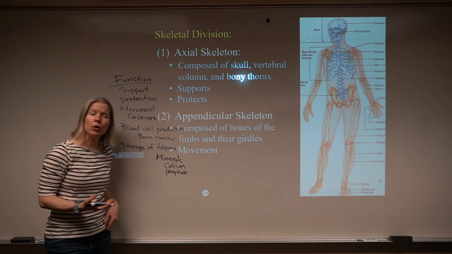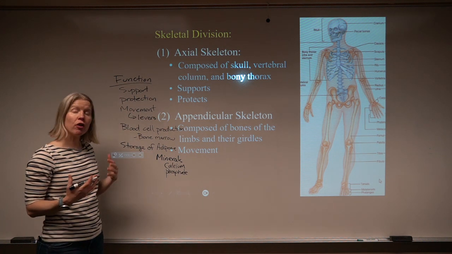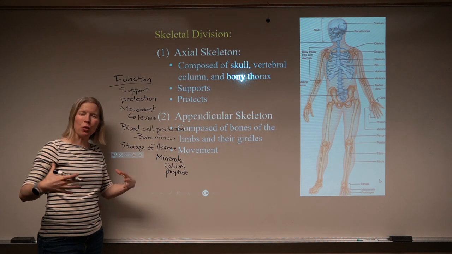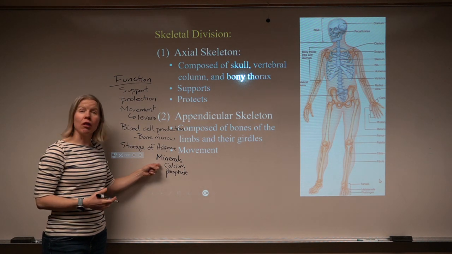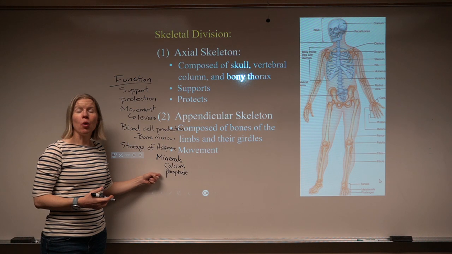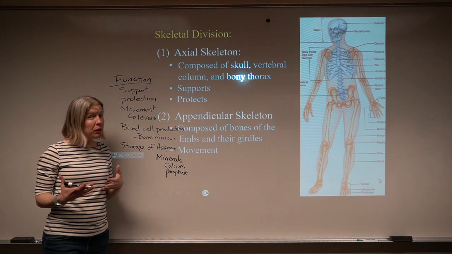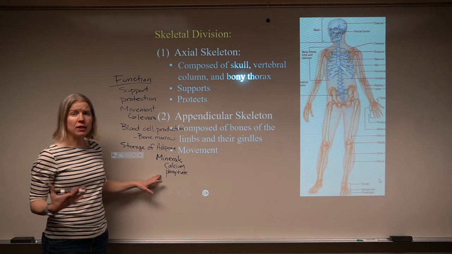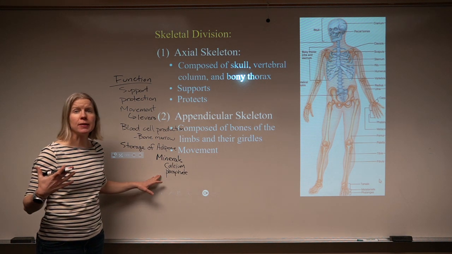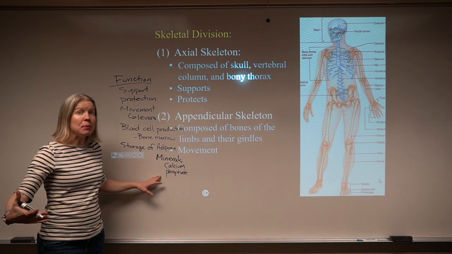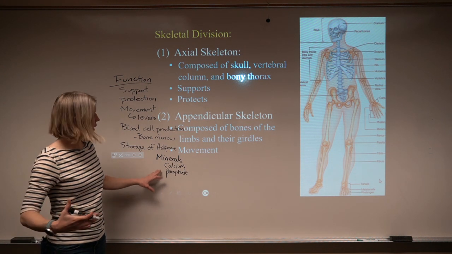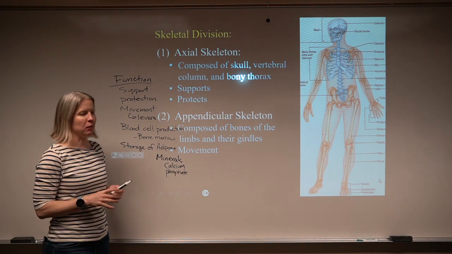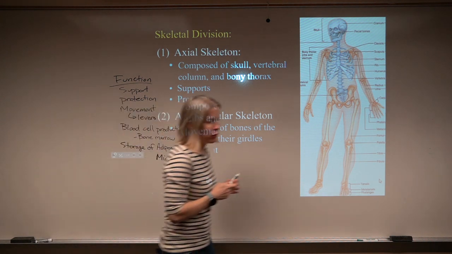We'll look at how important those are in creating the actual structure of these bones, but really the bones are also this storage reservoir if we're low in calcium or phosphate. Calcium is extremely important in muscular contraction. Phosphate's important in lots of places: DNA, cell membranes, ATP, adenosine triphosphate, right? And so the bones are serving as this storage place for those important minerals.